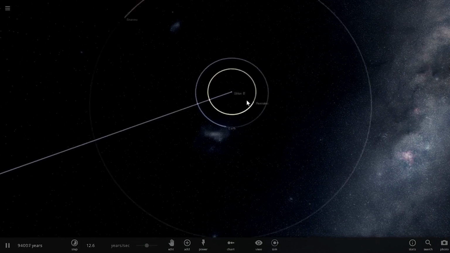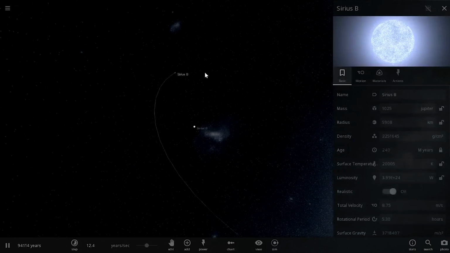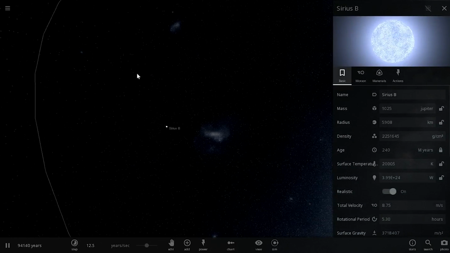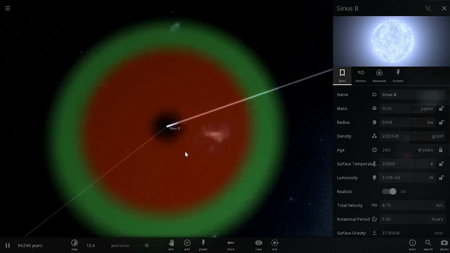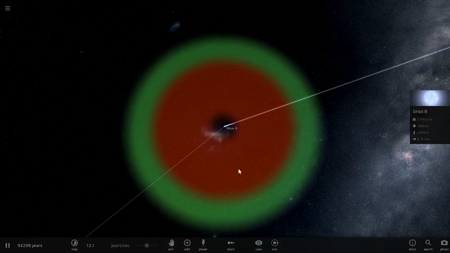Okay, we got this, and then if we zoom out, over here in the distance, which is about 100 light years away, which is alright, but compared to everything else, it's pretty average. We've got another Sirius B, which we can put another solar system in.